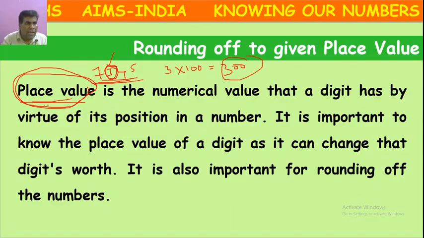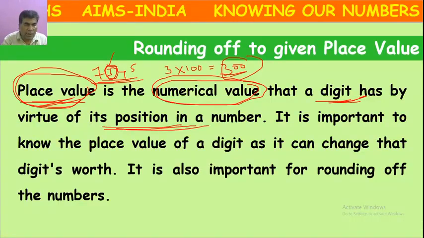So place value, like 300, is a numerical value that a digit has by virtue of its position. How is 3 getting the value of 300 here? Because of its position.